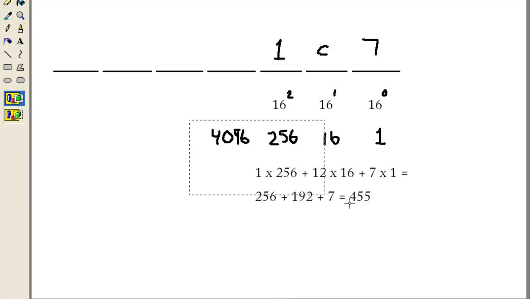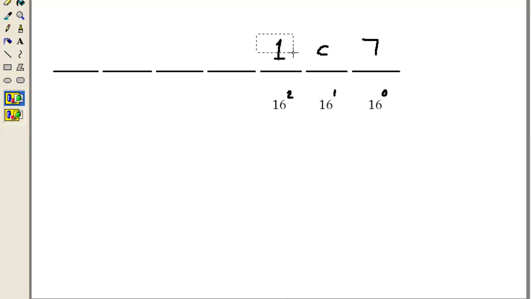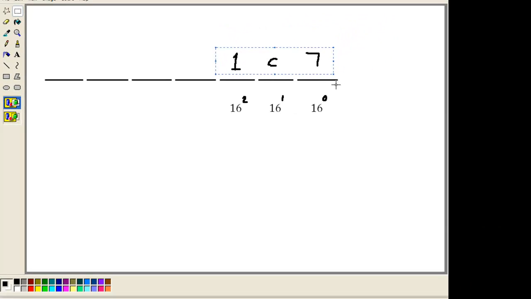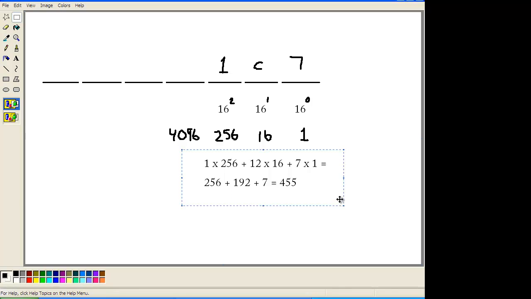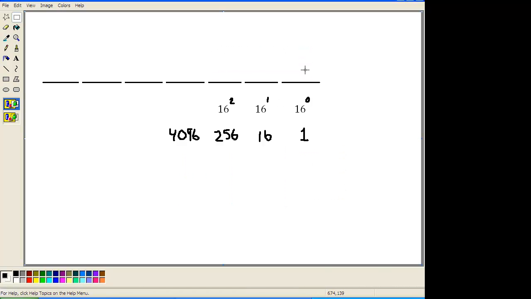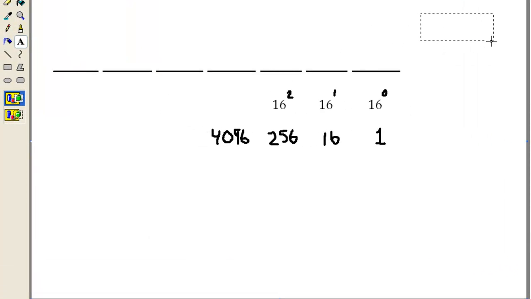Okay, and going back the other way is exactly the same as before. Okay, so let's take a number like 1,111. Well, first of all, we have to ask, obviously, this place value is too big to start at. So here's our starting point. So what we have is, how many times is 256 going to go into 1,111?